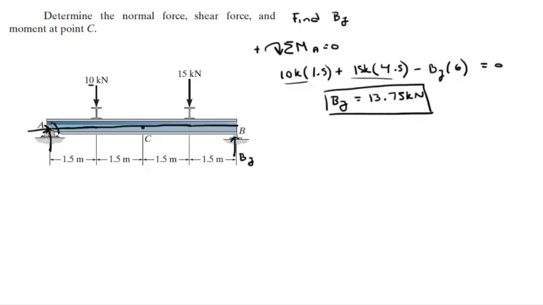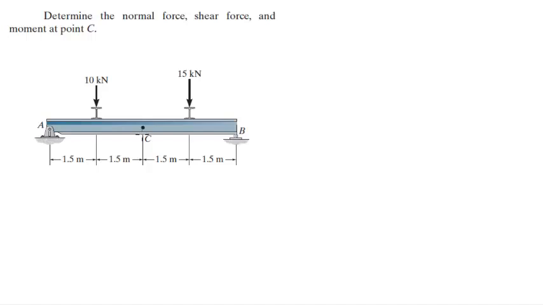Now that we have Vy, we can use the method of sections to find the normal force, shear force, and moment at C. So we need to cut. We're going to cut this right here.